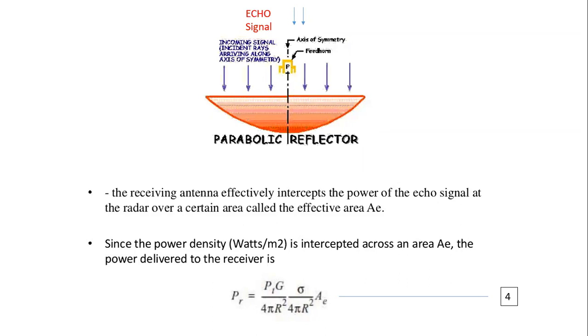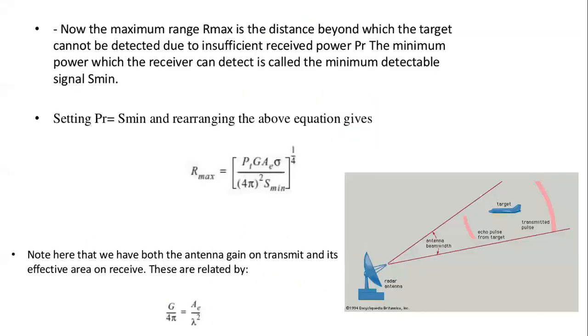Now we are talking about the antenna which is receiving those echo signals. So we are saying that the effective area where those echo signals are falling onto the curvature of the antenna, we are calling it AE. Now with that, what has happened?